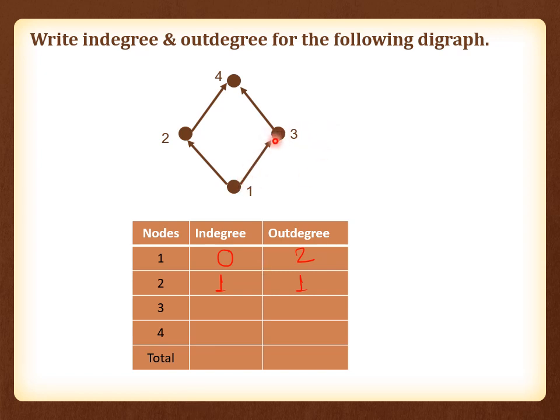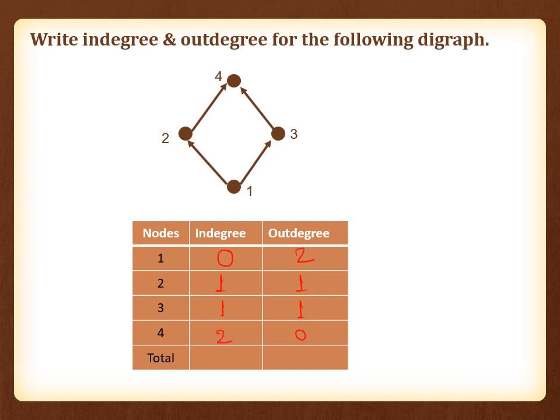One edge is coming into vertex 3 and one edge is going out from vertex 3. That's why in degree of vertex 3 is 1 and out degree is also 1. For vertex 4, there are two edges coming into vertex 4. That's why out degree of vertex 4 is 0 and in degree of vertex 4 is 2.